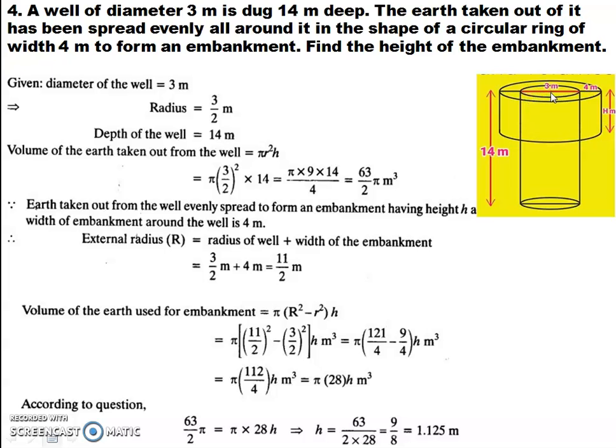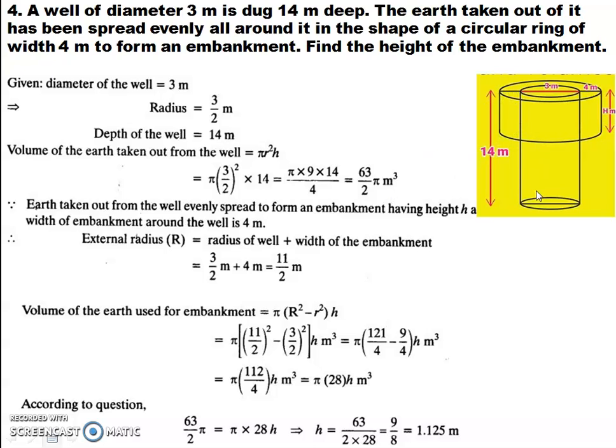Circular ring is having a small circle in the inner side and a big circle in the outer side. So, what will be the radius? It is 1.5 plus 4, because this width is 4 meter.